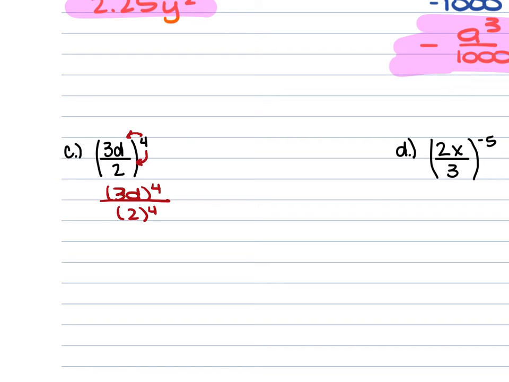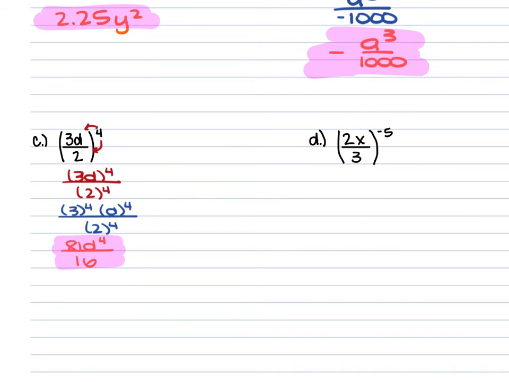The 3d to the 4th power, that 3 is going to be raised to the power of 4. That d gets raised to the power of 4. So that 3 to the 4th power is 81. D to the 4th power is d to the 4th. And 2 to the 4th power is 16. The 81 and the 16 cannot be simplified, so we leave it 81d to the 4th power over 16.